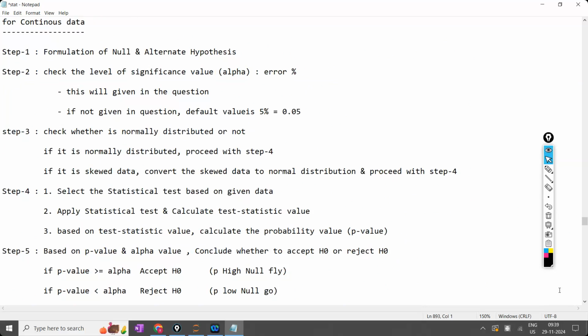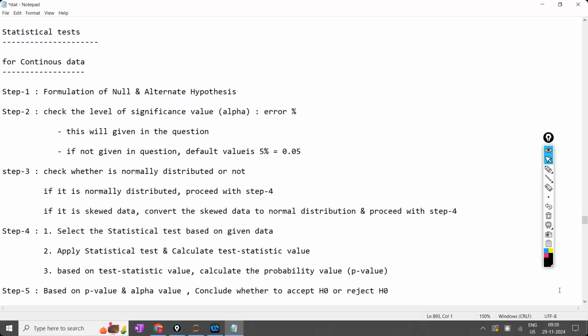Take a note: the heading is step-by-step procedure for statistical test. So here, 1 minute. You can write.